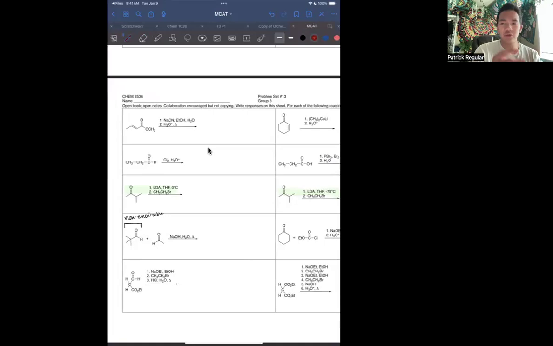But let's just visualize it. If I know that this is going to be our electrophile, let's just draw the electrophile. And then whatever thing we have here, let's do red. Our nucleophile, we're just going to add it there.